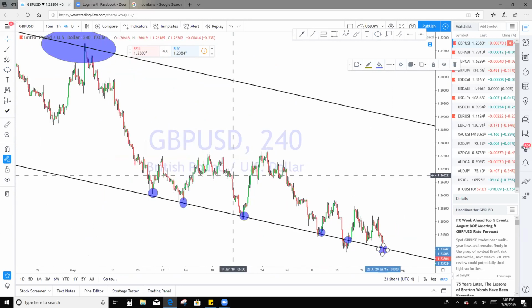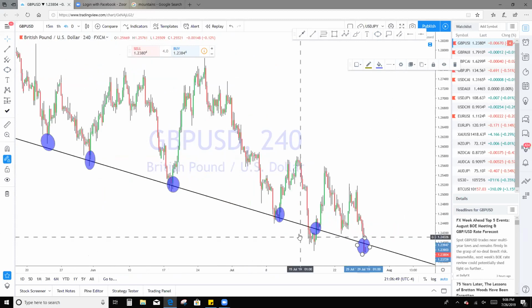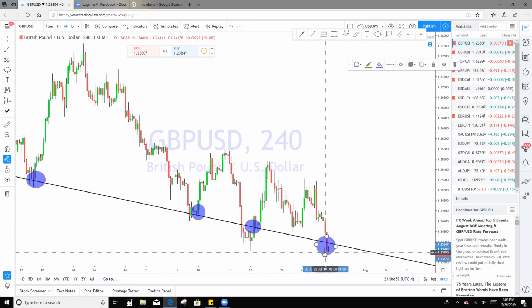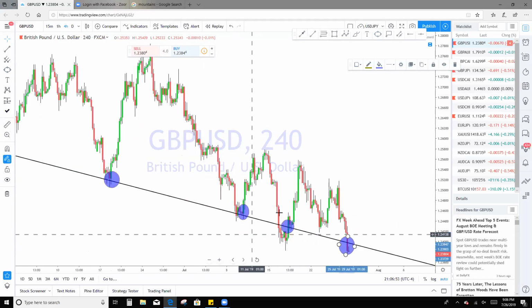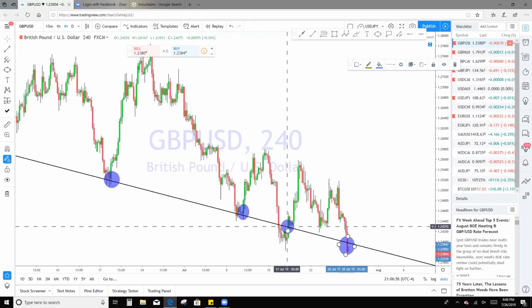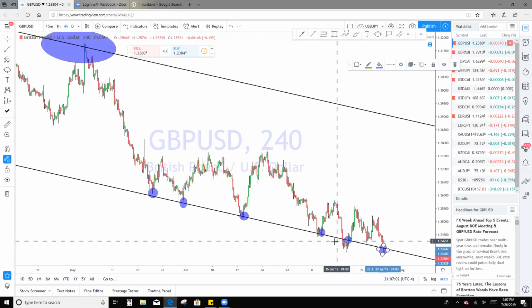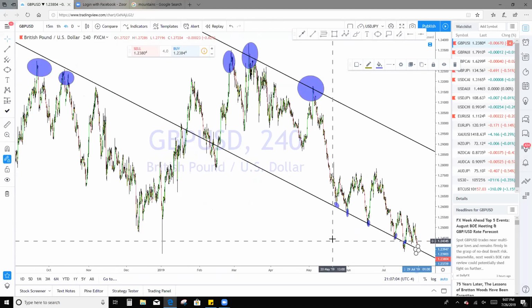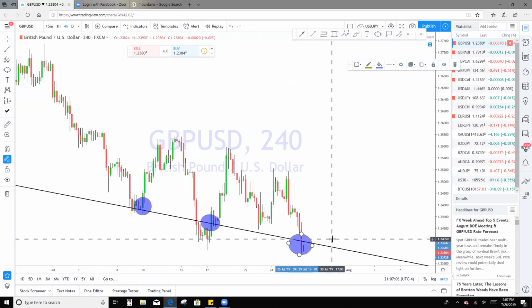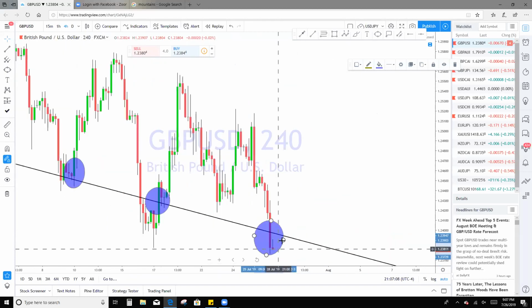Support or resistance line? Exactly, a very strong support line. Could price potentially break through here? Yes, absolutely, it can. But the majority of the time, this is already giving me my bias.